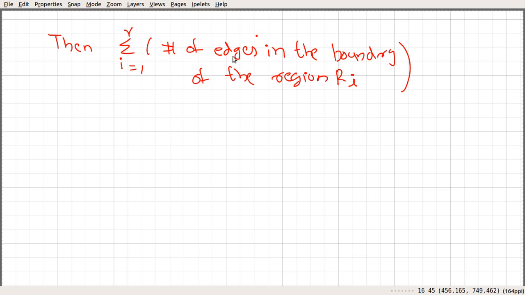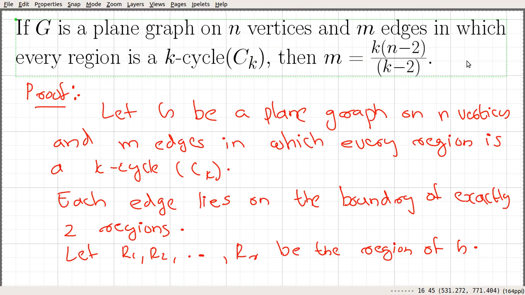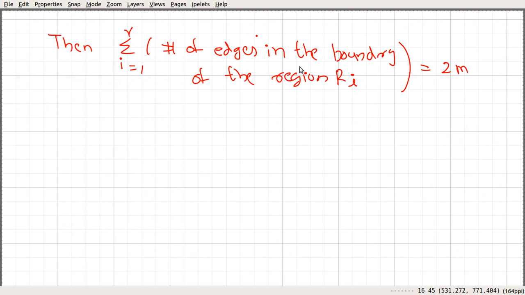Okay, if you sum the number of edges in the boundary of each region, we get 2 times the number of edges. Okay, so we have this condition here, each edge lies on the boundary of exactly 2 regions. Okay, so we have this equation.